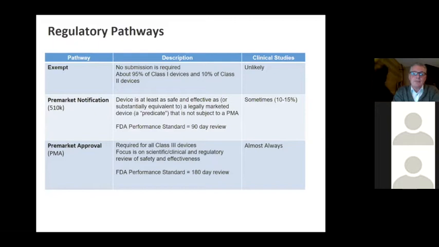And that's really the case for any class 3 device. Focus there is really on scientific clinical regulatory review for safety and effectiveness. You see the performance standard numbers I have in there. I didn't actually vocalize those because in the age of COVID, you can disregard those numbers. They're missing those quite frequently.